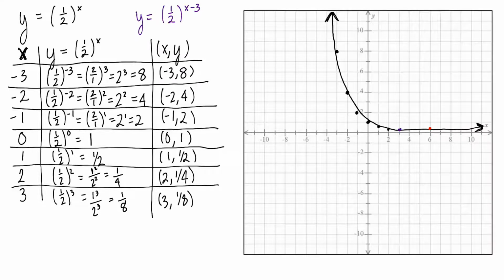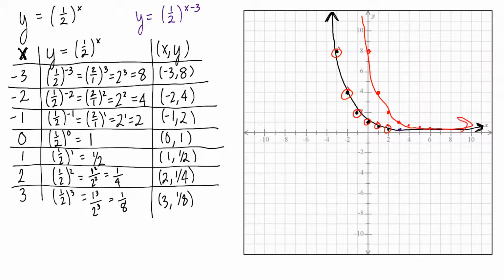This point here, shift it 3 points over. This point here, 3 over. This point here, 3 over. This guy, 3 over. This guy, 3 over. And this guy, 3 over.